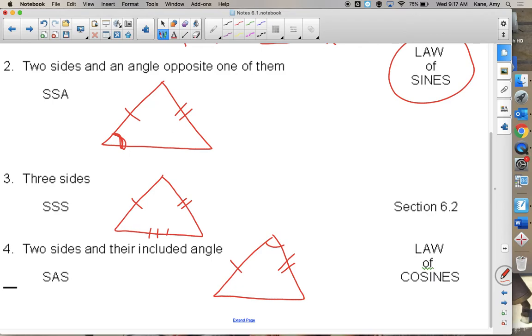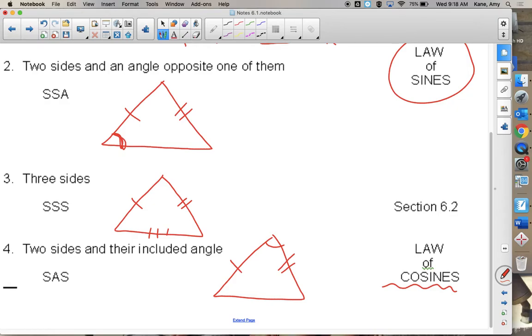If I had those two options, then I'm going to be using the law of cosines, which we'll talk about next week. So the key thing with these two laws is that it depends on the information you're given which one you would choose to use. Based off the way the information is given, the way the triangle looks, we would have to use sine versus cosine.